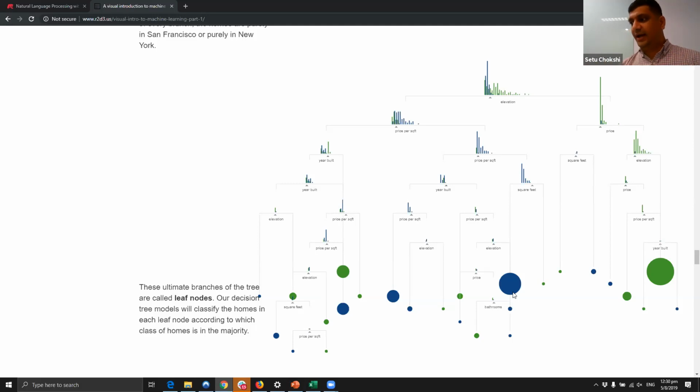Accuracy may or may not increase. That's another way of thinking about it, and we'll talk about that in a bit. So those are the conditions that I can put into a decision tree.